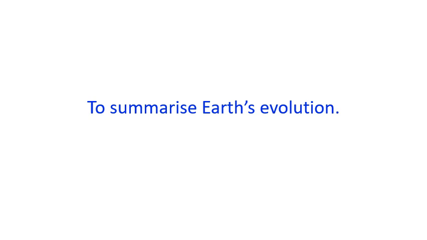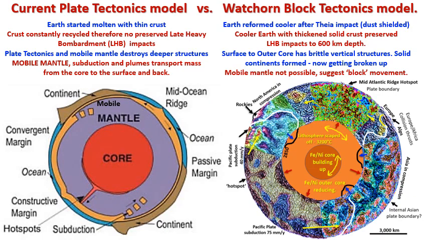To summarise, I'll now summarise the differences between the current plate tectonics model versus the Watchorn block tectonics model. Earth started molten with a thin crust. I say Earth formed cooler after the impact.